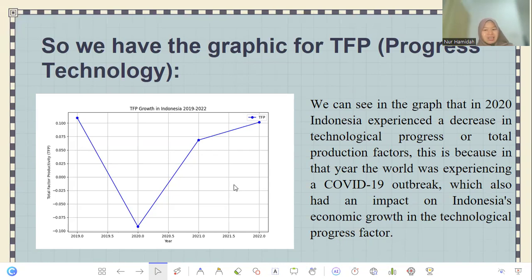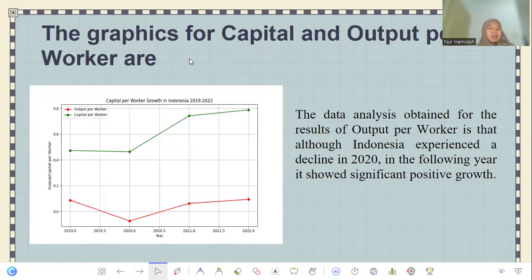And second, we have the graphic for capital and output per worker hour. The data analyzed shows that although Indonesia experienced a decline in 2020, in the following year it shows significant positive growth.